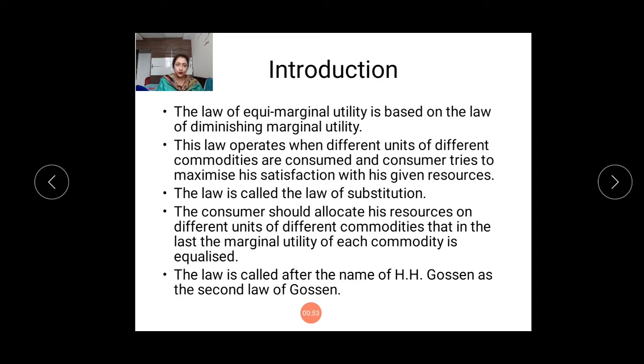So we study consumer equilibrium when the consumer is consuming not just one commodity but multiple commodities. This law is also known as the law of substitution and the Second Law of Gossen.